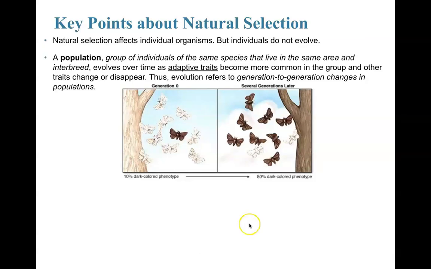So let's actually look at this image before I go even further. Here I have moths that I'm showing you, and here's generation 0, so the original generation. It looks like I have some white colored moths, lots of white colored moths actually, and I have one brown colored moth in this population. This is an individual in that population, this is an individual in that population. If I look at all individuals, these are the same species moth, living in the same area, this is a population.